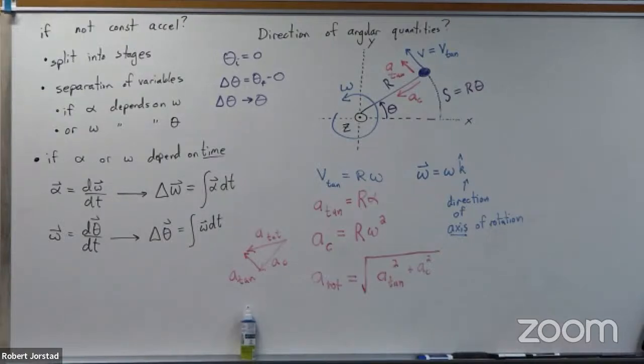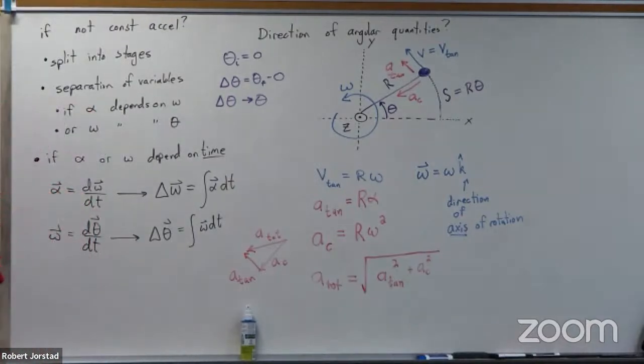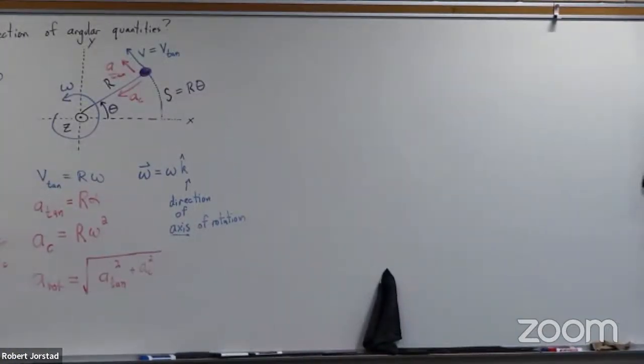There's a relationship relating translation to rotation, and maybe I should draw this here. Need a little more space. Give me just a second. This kind of foreshadows something, right?